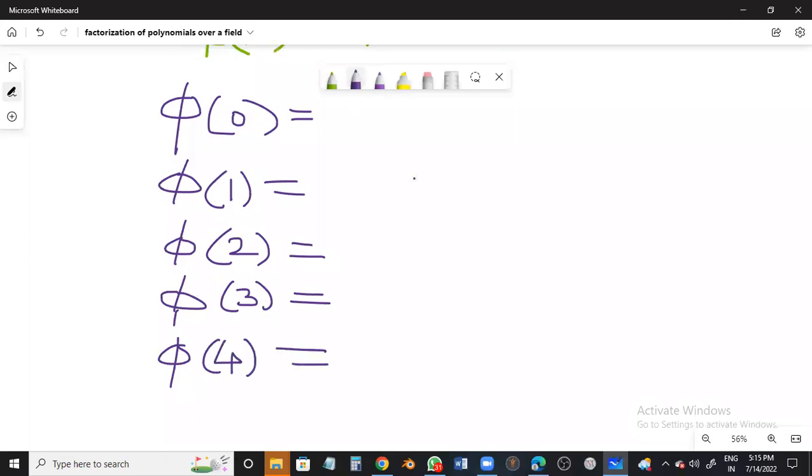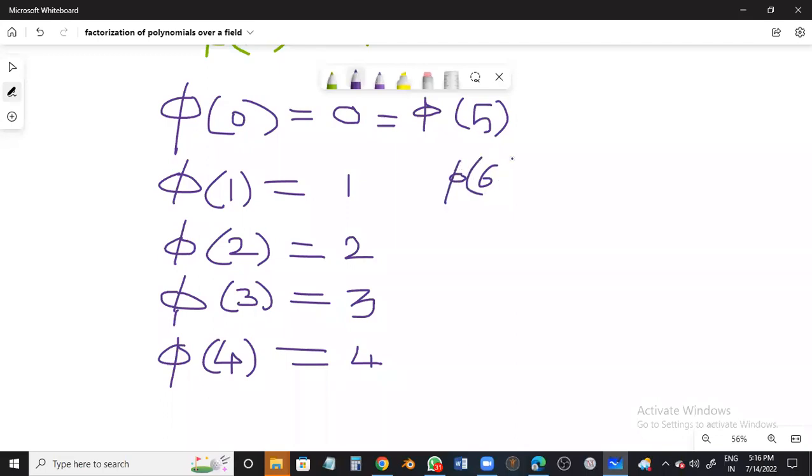When I divide 0 by 5, the remainder is 0. Dividing 1 by 5, the remainder is 1. Here it is 2, this one is 3, here it is 4. Now, if I divide 5 by 5, the remainder is 0. 6 divided by 5 is 1, obviously. We got the strategy now.